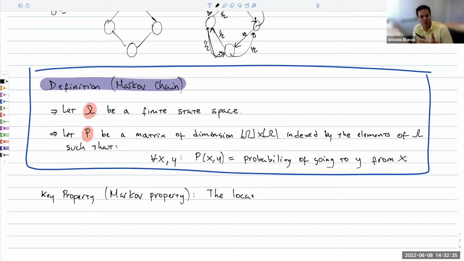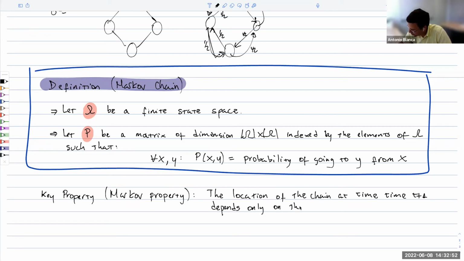So conditioning on the behavior from time 0 to time t is the same as conditioning on the behavior just at time t. So the location of the chain at time t+1 depends only on the location at time t.